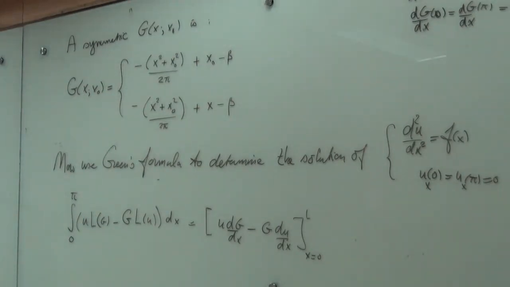And now I can just substitute into this problem my g, it's up there, and I can substitute what I know about my u, because Lu is in this case f(x), Lg in this case is equal to delta(x minus x0) minus 1 over pi.